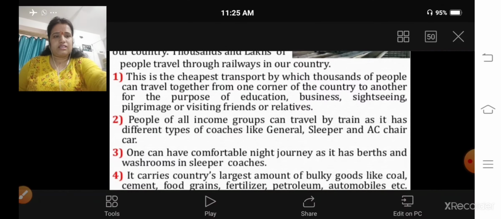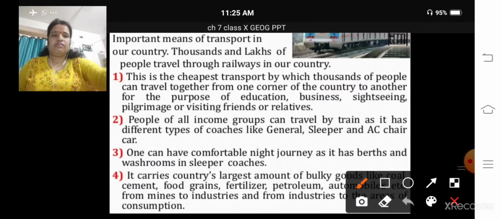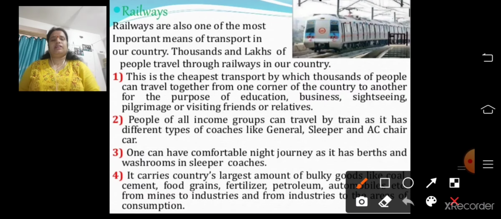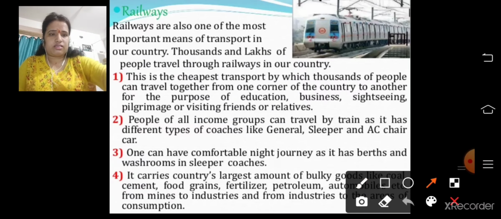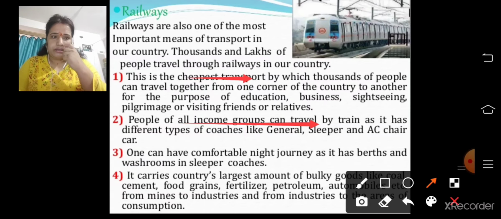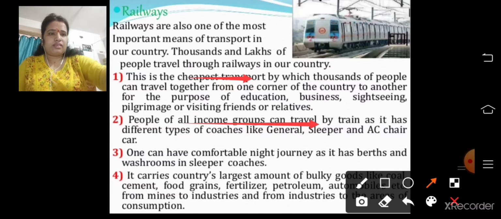So here we see that railways are also an important transport for our country. It is the cheapest transport. People of all income groups can travel, for the purpose of education, business, sightseeing, pilgrimage, visiting friends and relatives.